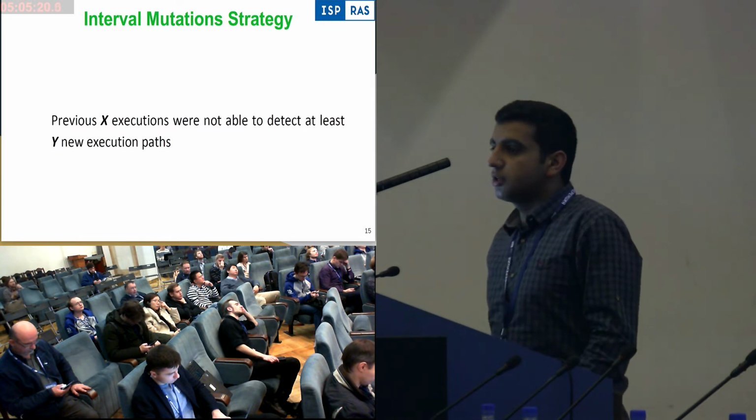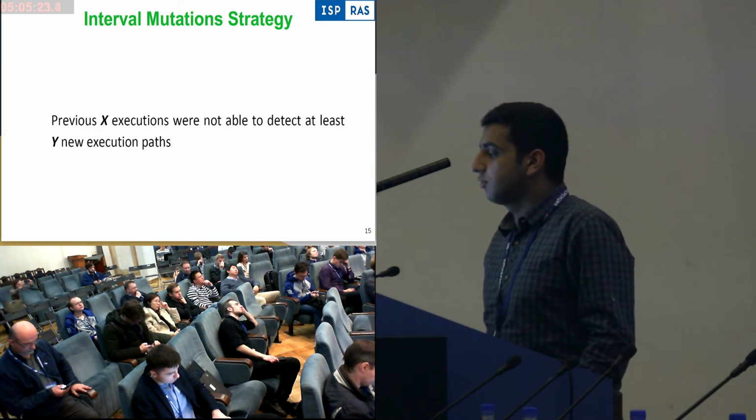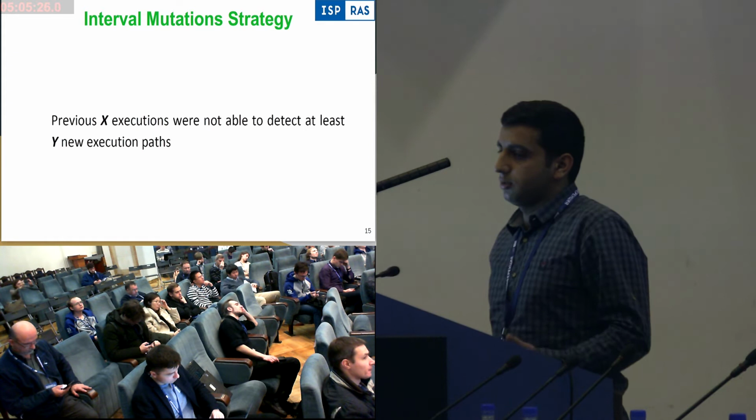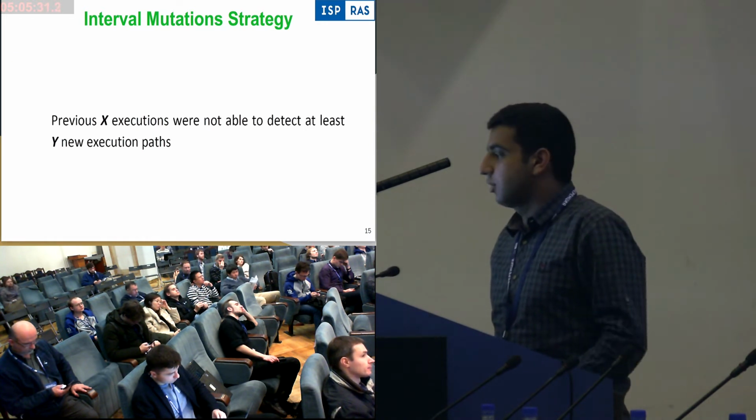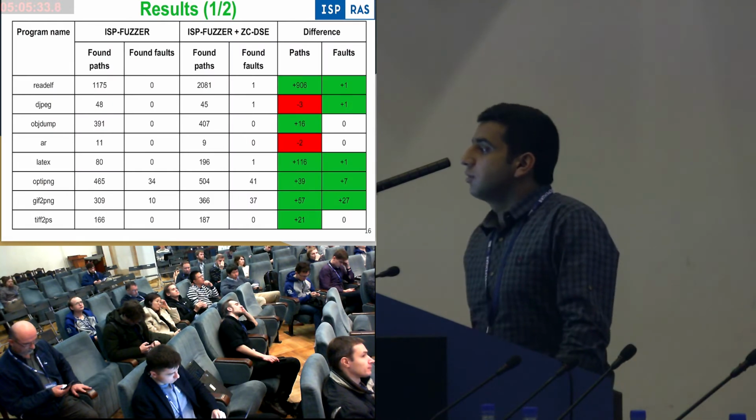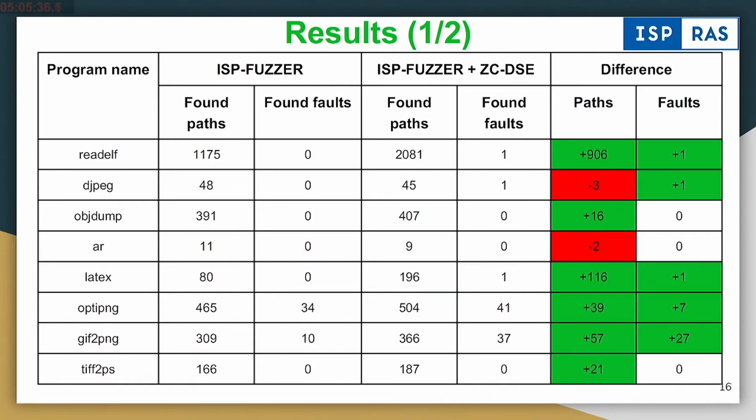Interval mutations are applied if at the x execution at least y executions were done, and this can be set through the configuration file. So the results: we tested programs through ordinary fuzzing and fuzzing with interval mutations.